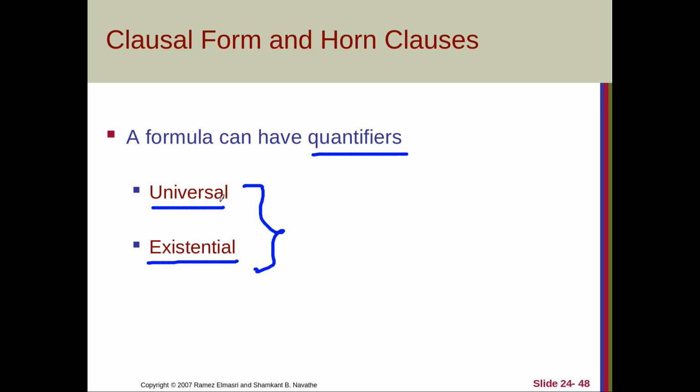Universal means for all: it is true for all, or false for all. Existential means there exists at least one. Universal is for all, existential is for at least a few. So these are quantifiers.